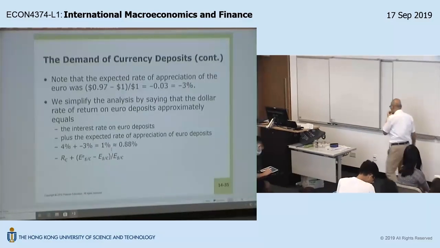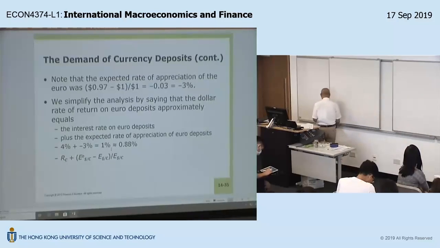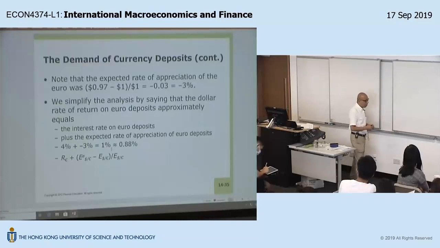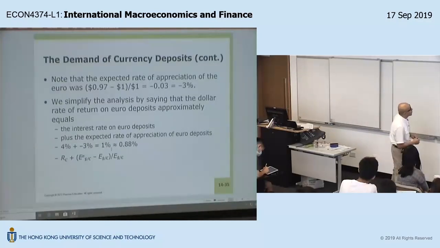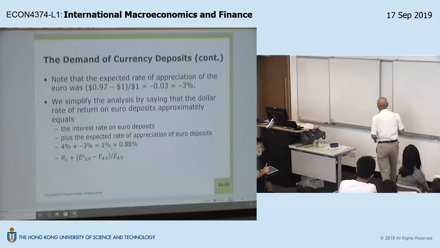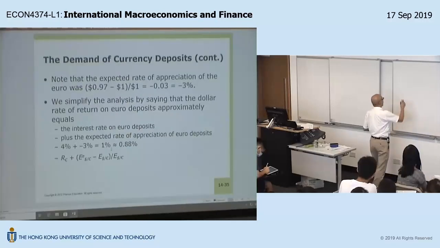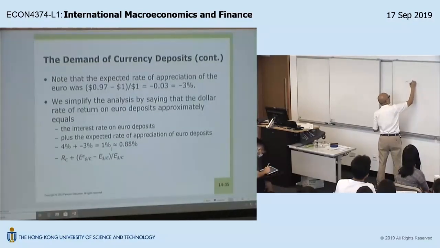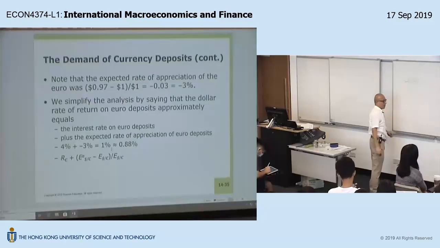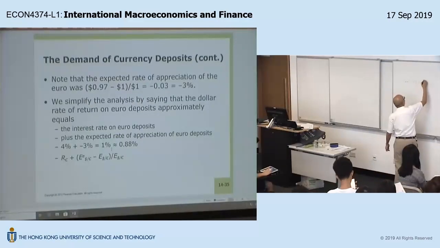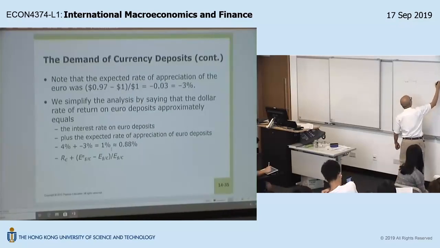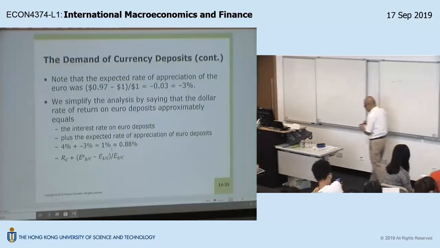So now how do we get this one? It is actually quite simple. The simplification comes from the following thing. 1 plus x times 1 plus y is equal to 1 plus x plus y plus x times y.